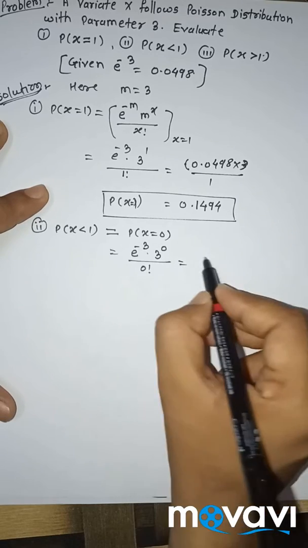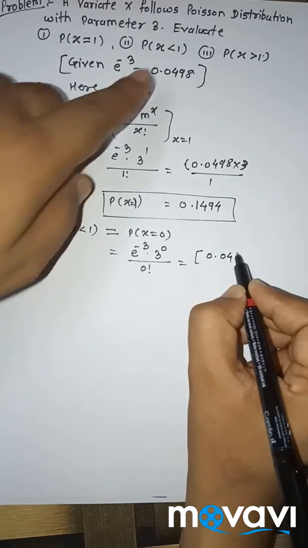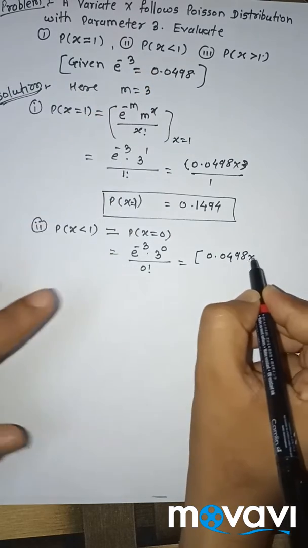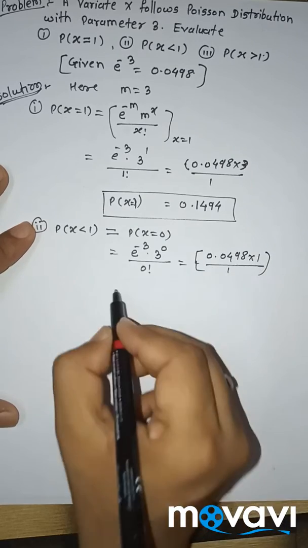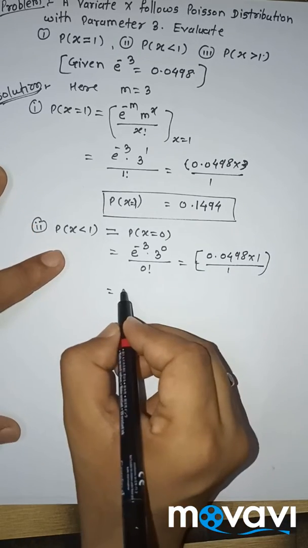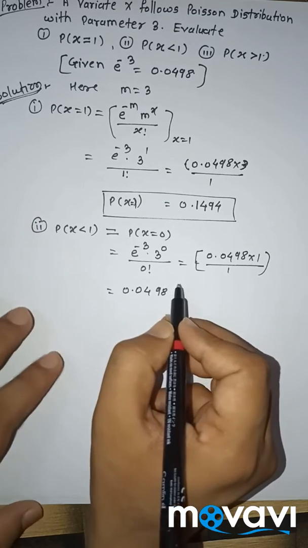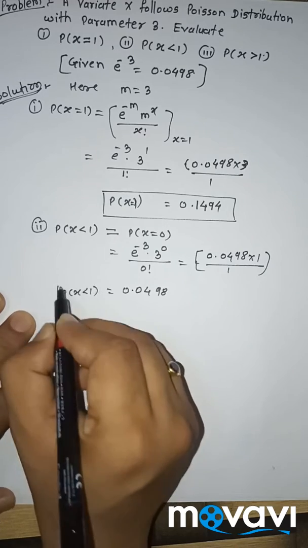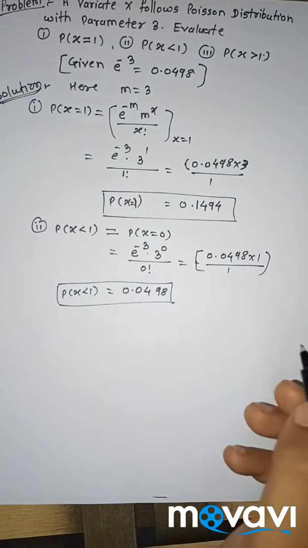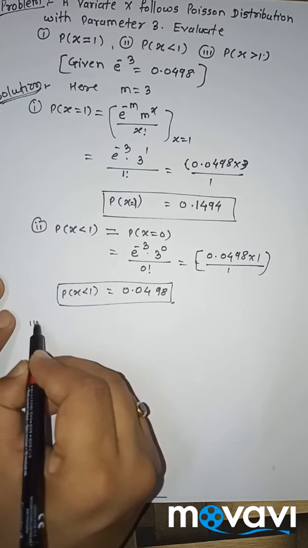This is equal to e raised to minus 3, 0.0498, into 3 raised to 0 is 1, upon 0 factorial is again 1. So finally our answer is 0.0498. Means probability of x less than 1 is 0.0498.